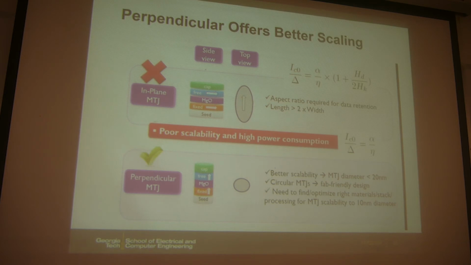This is a side view of this one, and from the top view, you don't want to make a circle from the top view. You don't want to make the MTJ like this. Let's say you don't want to have a square. You want some rectangle structure.